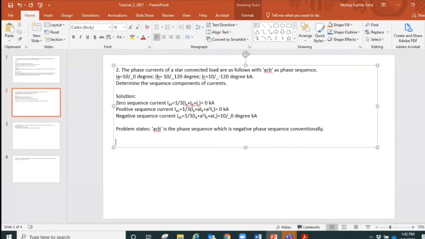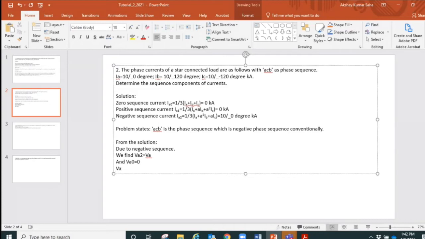Right, from the solution, due to negative sequence, we see VA2 is equal to VA, and VA0 is equal to 0, VA1 is also equal to 0.